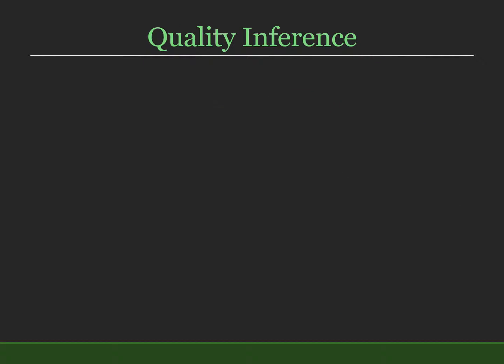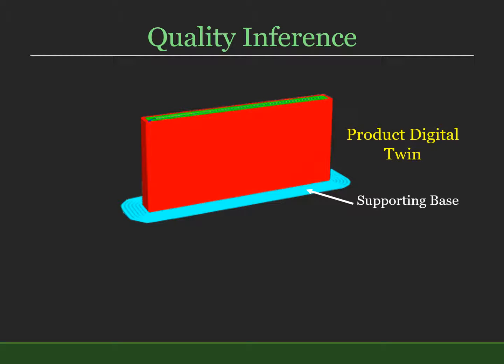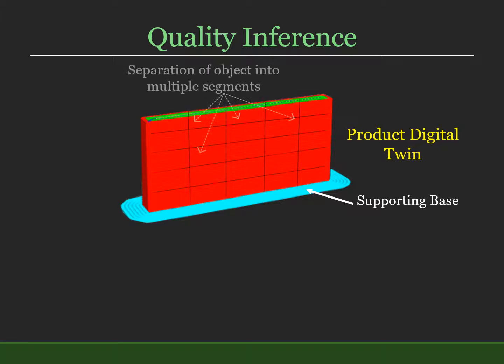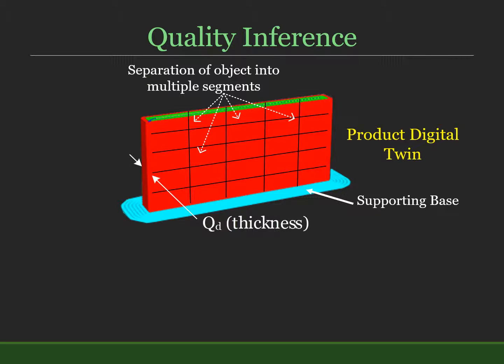For checking the accuracy of the digital twin in inferring the deviation of quality, first of all, a gradient boosted ensemble of regressors is used to estimate the function QD for the optimal flow rate range of 80% to 120%. For each flow rate, 5 test objects with thickness of 4 mm are printed, and for each test object, various segments are created to measure the thickness using the micrometer.